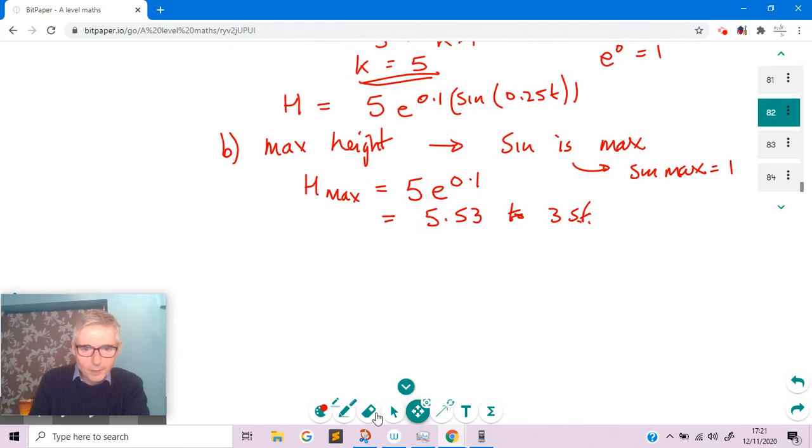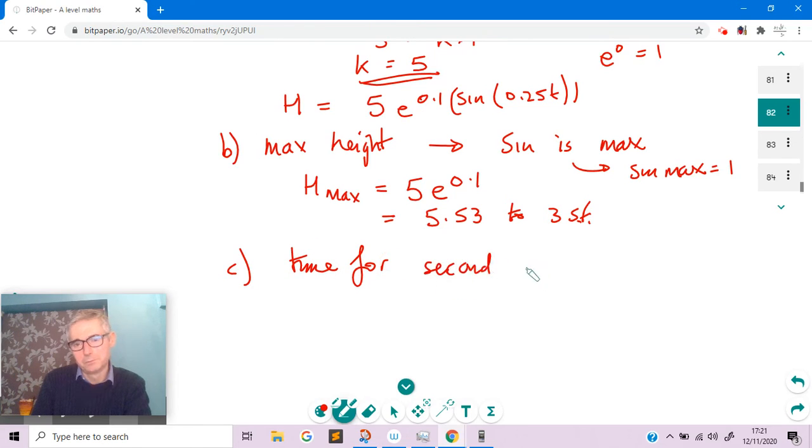So part C is time for second maximum. And bearing in mind that we've got again our equation, all this lot, 5e to the 0.1 of this.